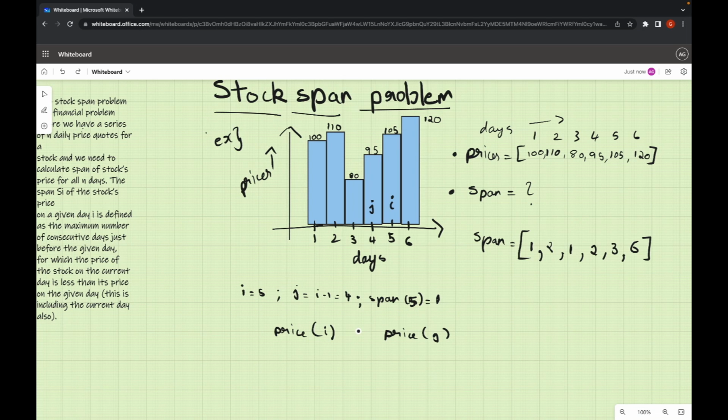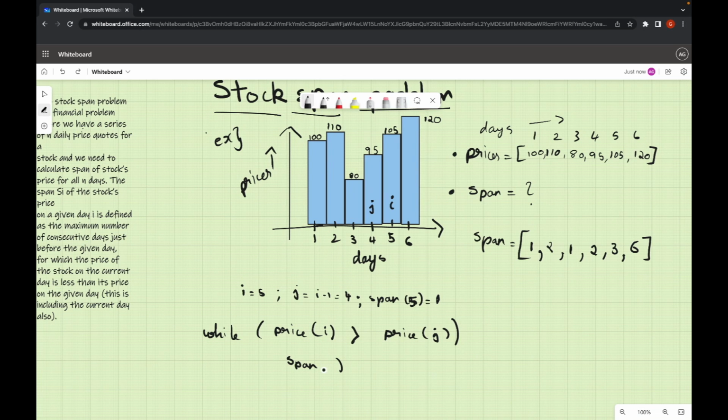However, if the price on the ith day is more than the price on the jth day, you run a loop wherein you increment the span on the ith day. I shouldn't use 5 since we are generalizing it here.